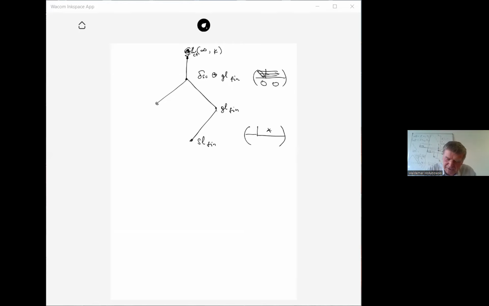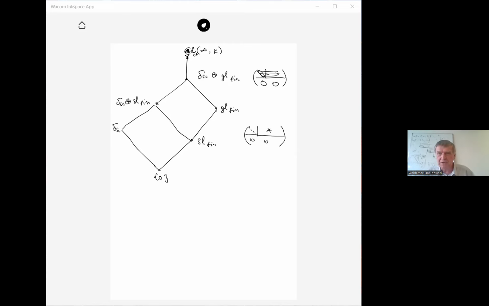Here something, and here we have a trace equal to 0 and zeros below. And here we have scalar matrices plus the special linear finitary algebra, and of course we have the following. Here we have a zero ideal, and here we have scalar matrices.